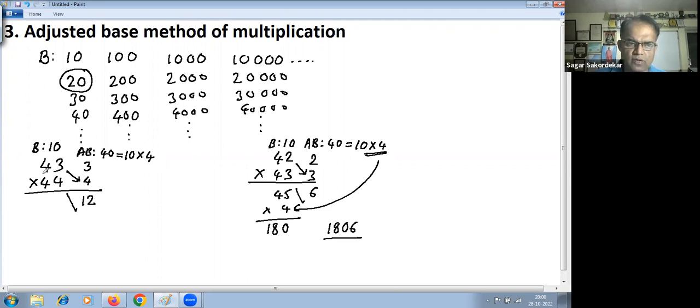Cross addition, 43 plus 4 is 47. 47 multiplied by 4. 4 sevens are 28, 8 carry 2. 4 fours are 16 plus 2, 18.